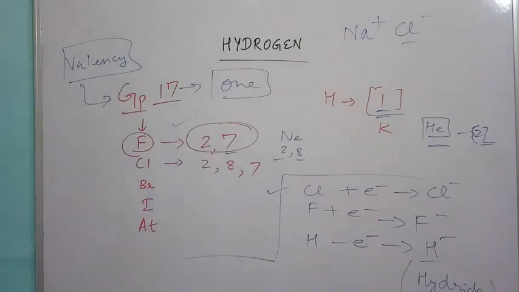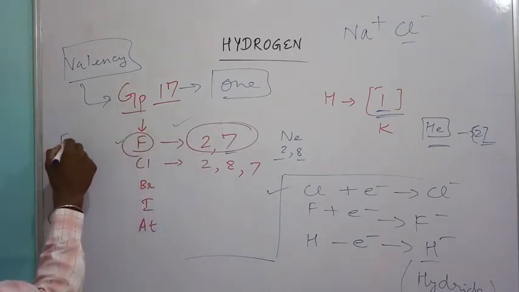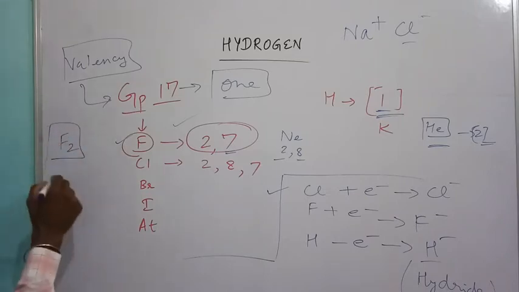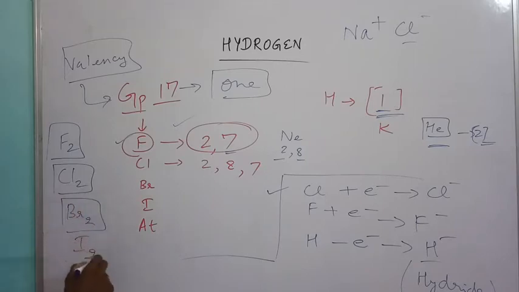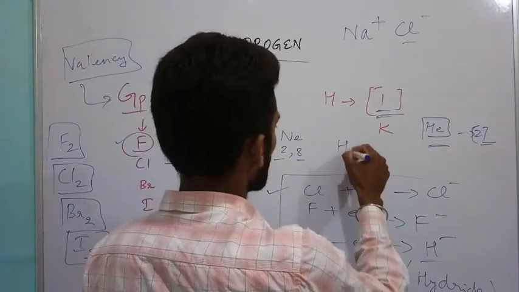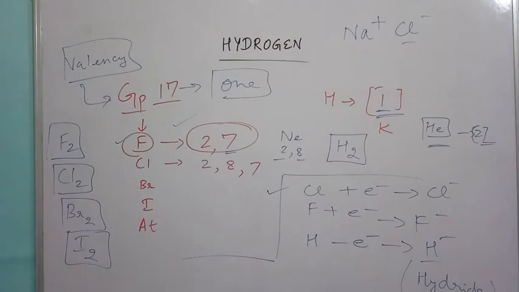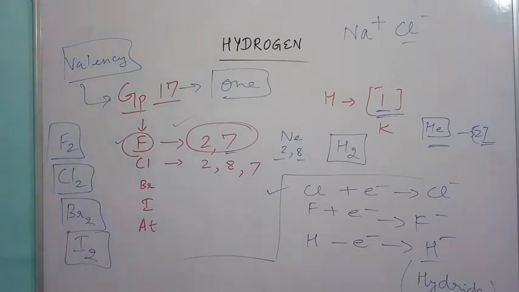After that, all these elements exist in the form of diatomic molecules, like F2, Cl2, Br2. Similarly, hydrogen is also diatomic, existing as the gas H2. So these are some properties, but still the position of hydrogen is not yet fixed.